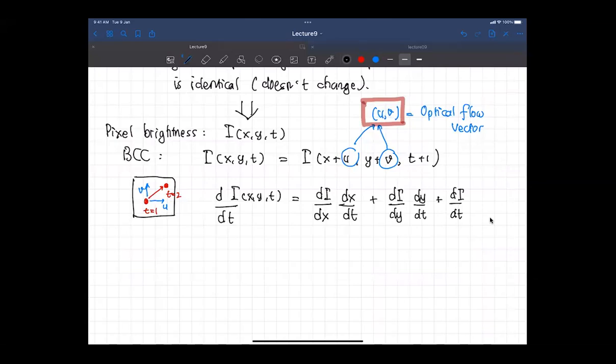And because the brightness is constant, the change in terms of time will be 0. This is also called BCC, that the rate of change in terms of time equals 0. These two equations are exactly the same.